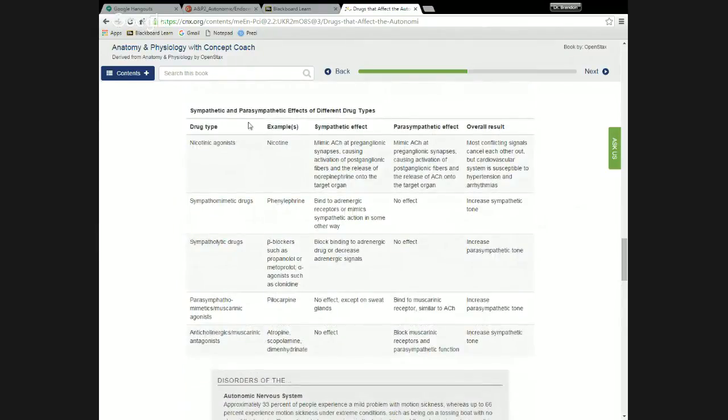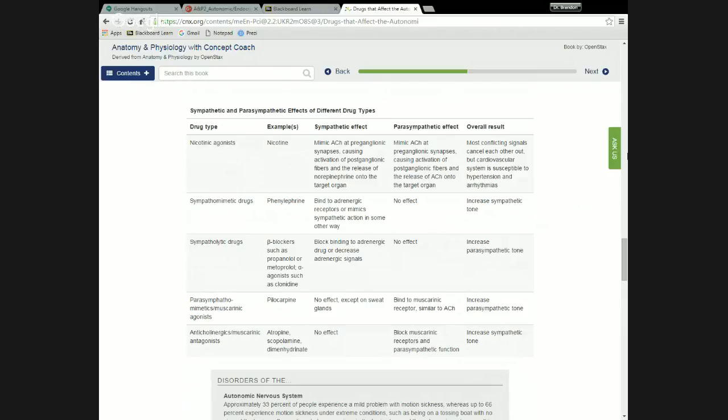Okay. At the top of the table here, it's talking about nicotine. Nicotinic receptors are found on the ganglion cells of both sides of the autonomic system. So nicotine is going to activate the sympathetic and the parasympathetic side at the same time.